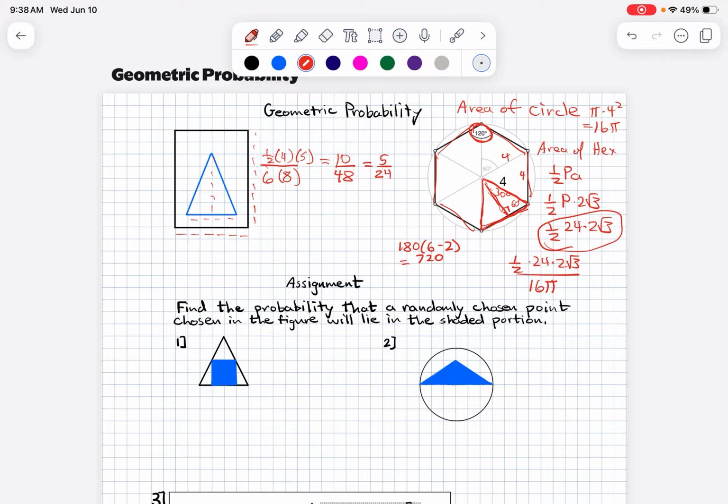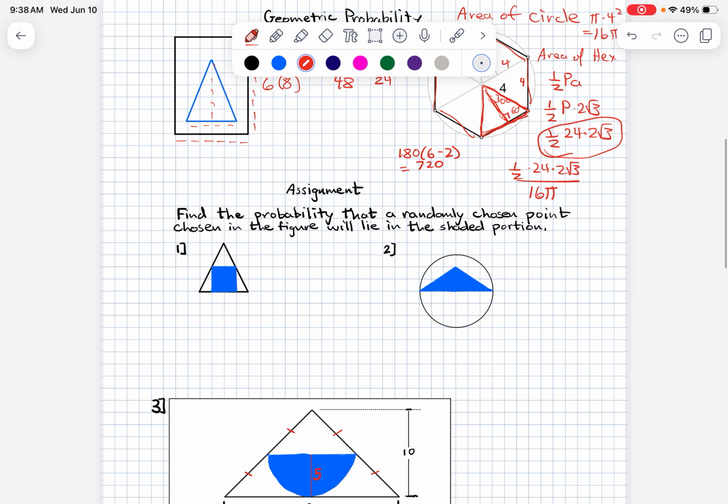And of course you can simplify that, but that's the ratio that you're looking at. An easy way to simplify is 24 square roots of 3 over 16 pi. And then 8 will go into 24 3 times. So this is 3 square roots of 3 over 2 pi. There you go. And that would be your probability.